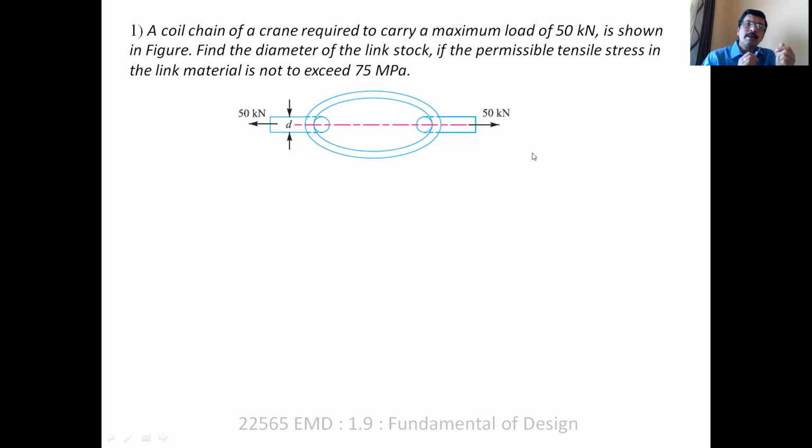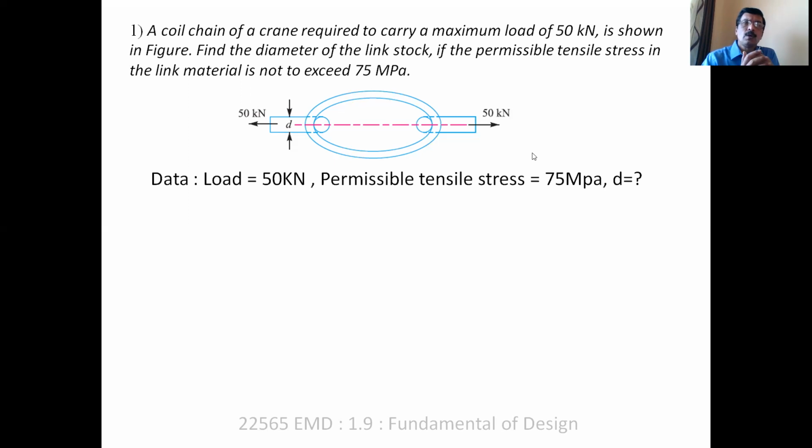Now let us see what is the data given and how to get the diameter of that chain. Now as far as data is concerned, there is a force of 50 kilonewton, permissible tensile stress of 75 megapascal, and the diameter is d that we have to find.